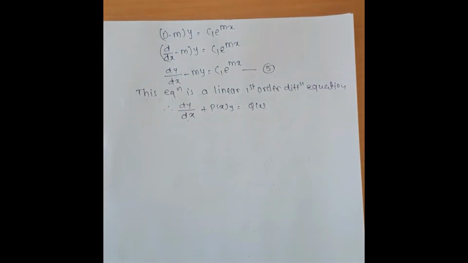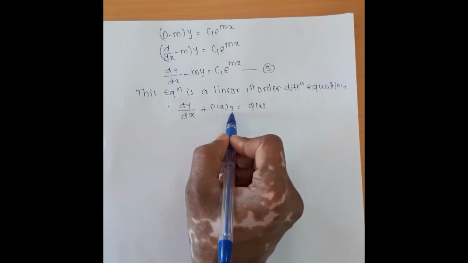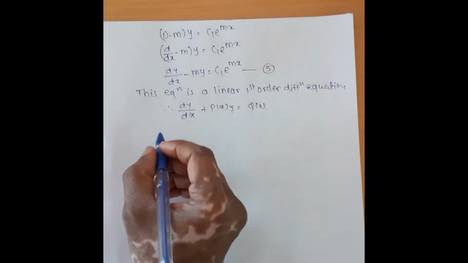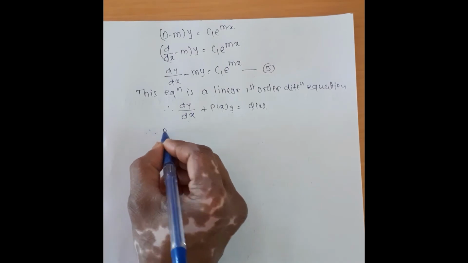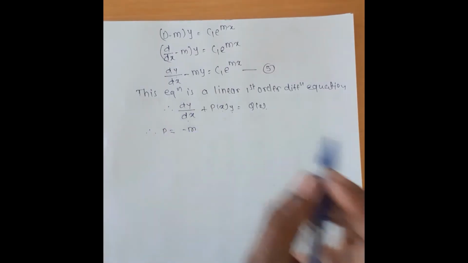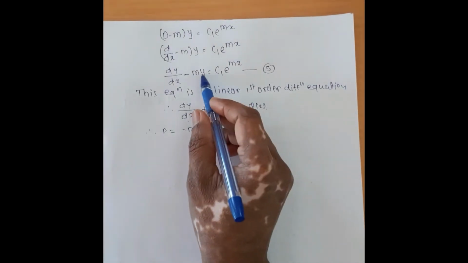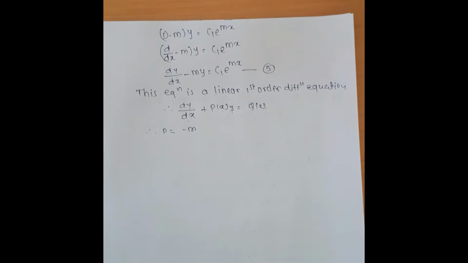So here the value of p, because p is also a function of x, but its variable is y. So the value of p is minus m. Why? Because here is a y and here is a y. See this carefully.